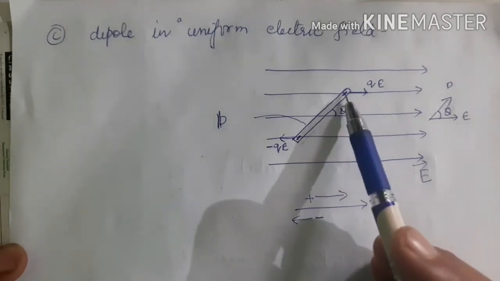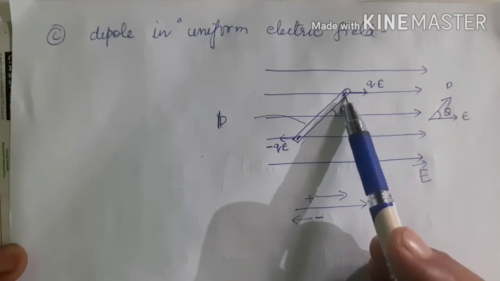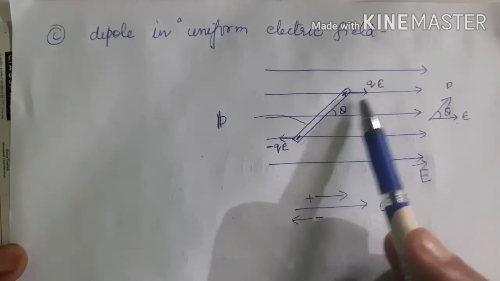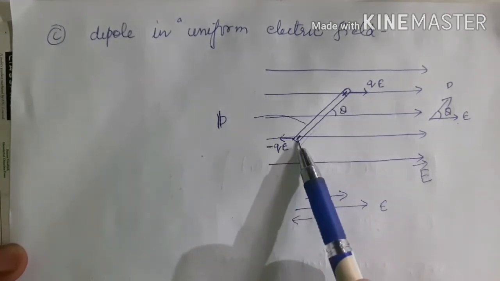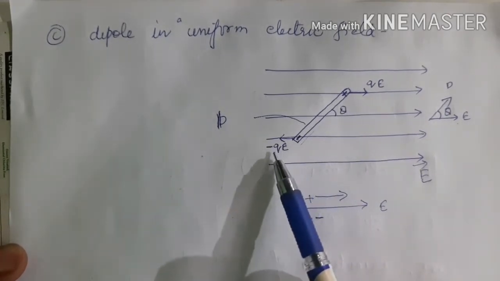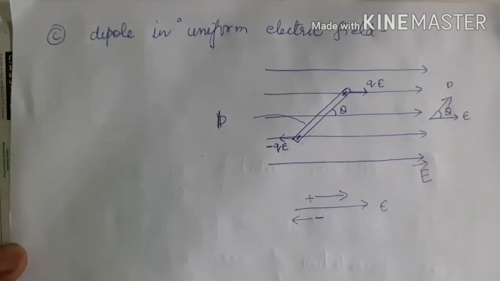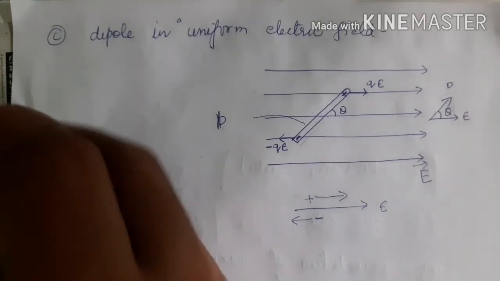So similarly, this positive part of the dipole will move along this direction with a force of Q into E, where Q is the magnitude of this charge, and the negative charge moves opposite to the direction of the electric field. So the total force acting on a dipole will be 0, because both are equal in magnitude, as the electric field is uniform, and opposite in direction.